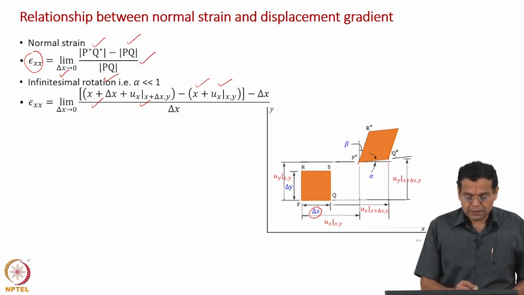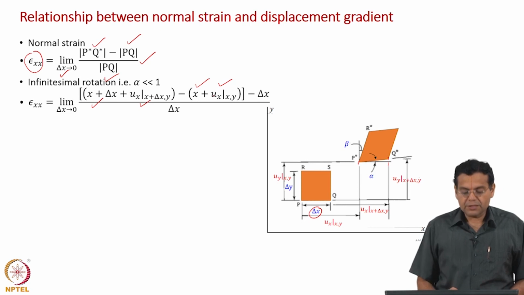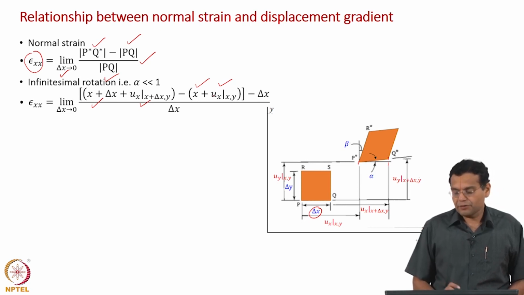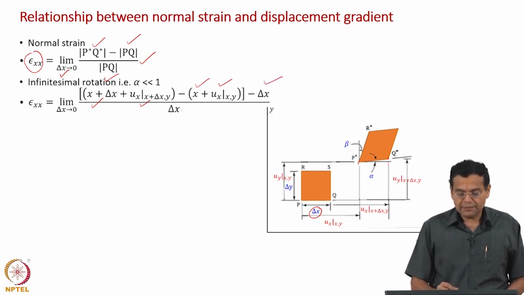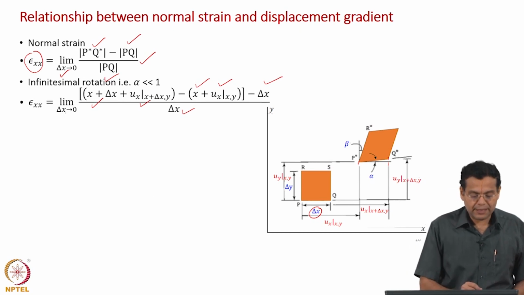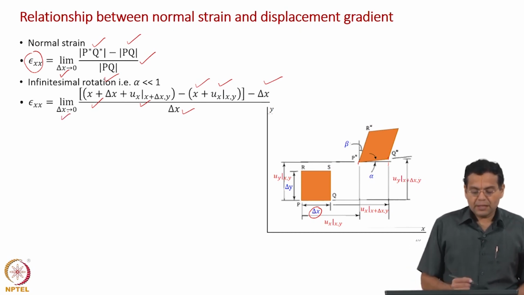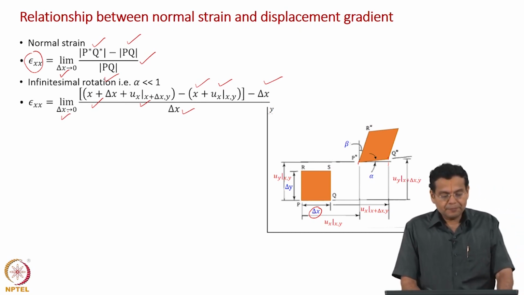So, the term within square bracket gives the length of the projected P star Q star, and delta x the length of PQ and divide by length of PQ. Okay. Of course, limit delta x tends to 0.